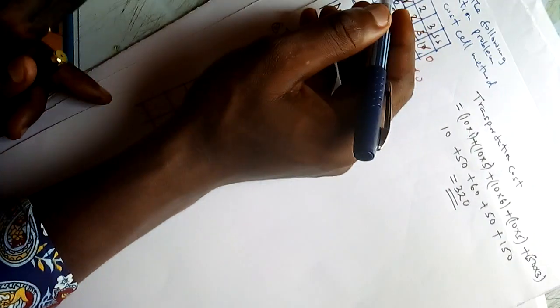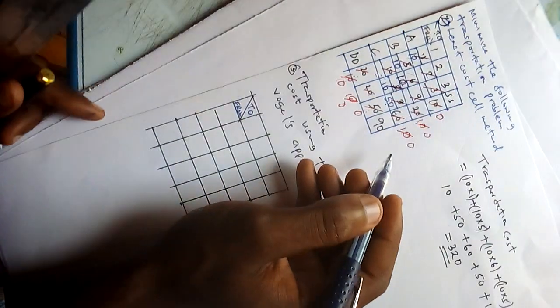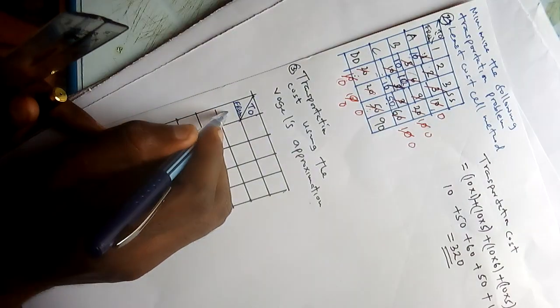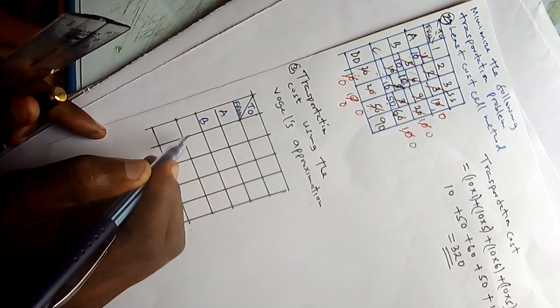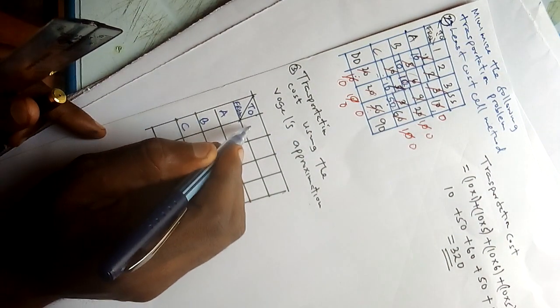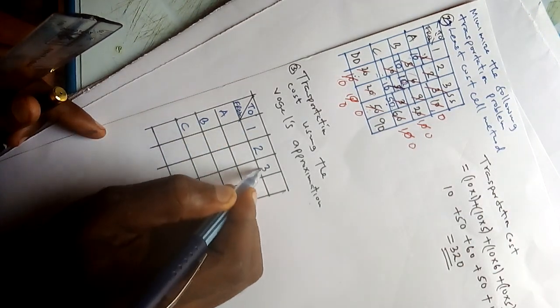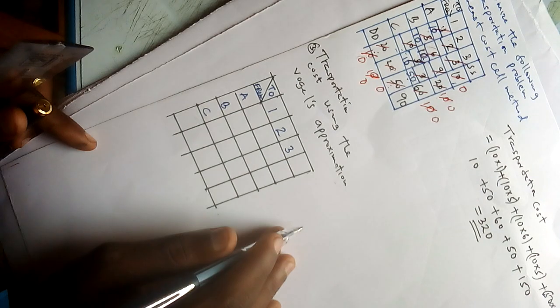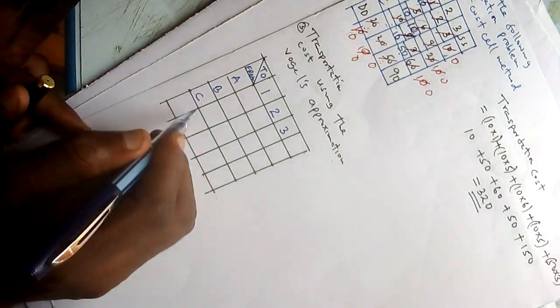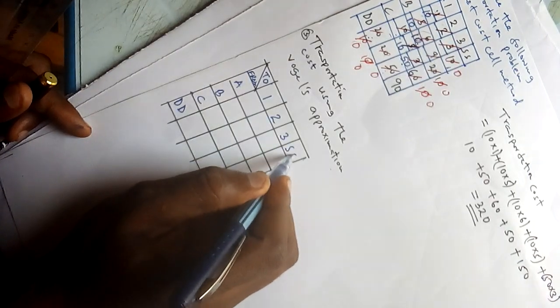So it is coming from A, B, C, then moving to 1, 2 and 3. Then we have the total demand, then we have the supply.